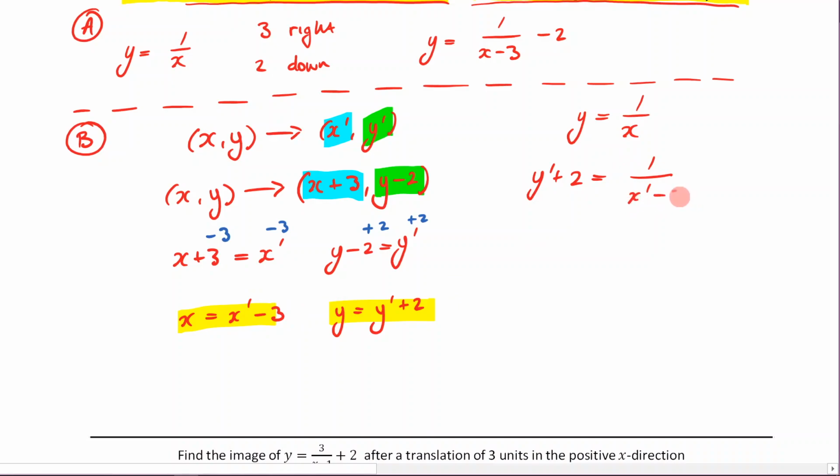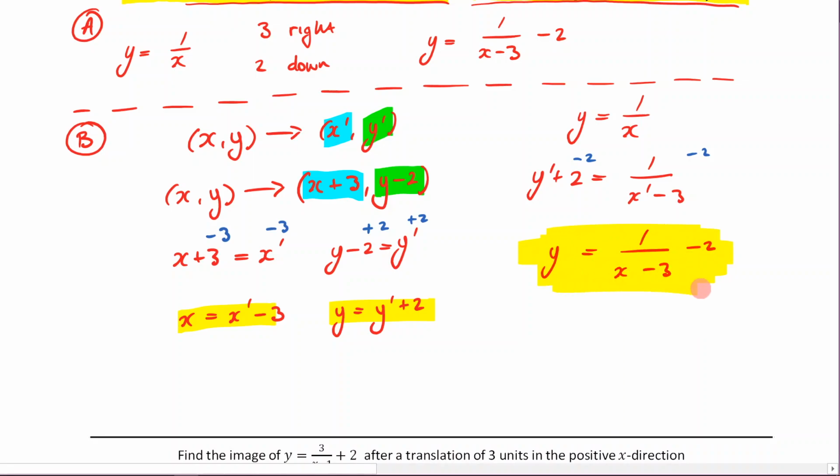I now solve for y. So I'm going to get y dash equals 1 over x dash minus 3, minus 2. So what I did there to get rid of this plus 2 on this side is I minus 2 from both sides. Then the very last thing that I do is I simply get rid of the dashes. So that goes away and that goes away. This now is my final answer.